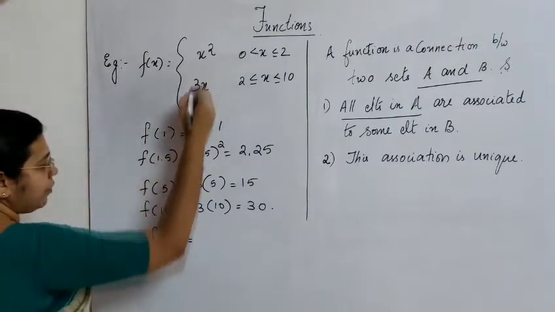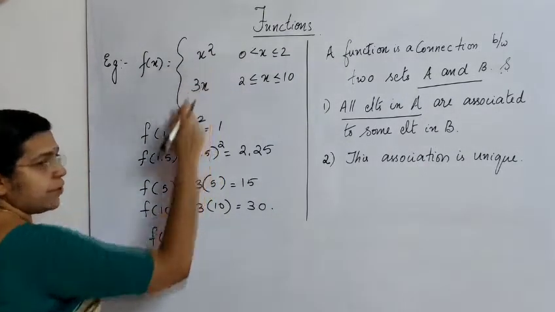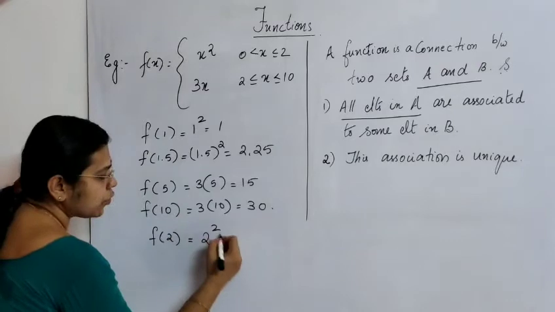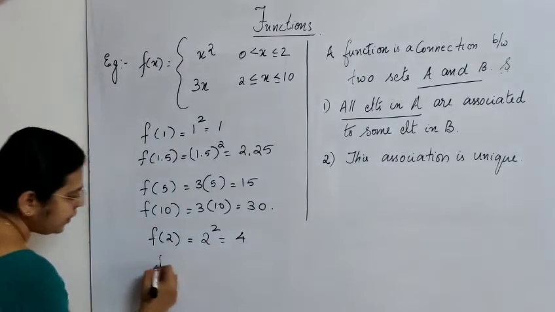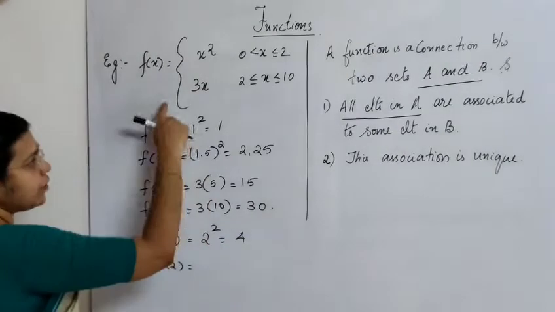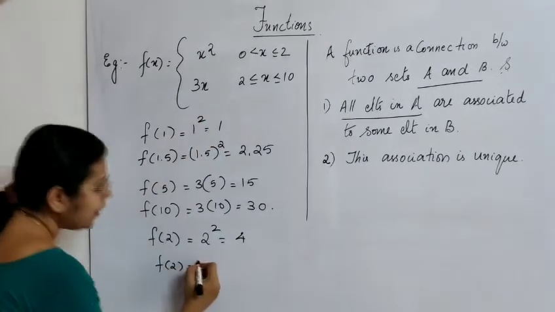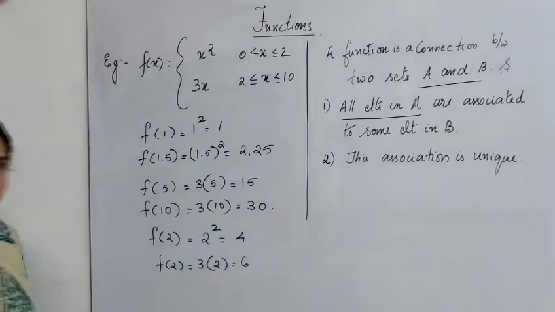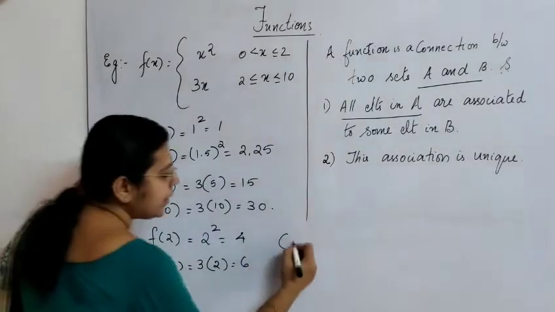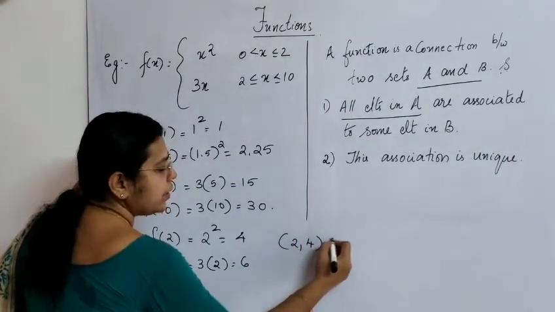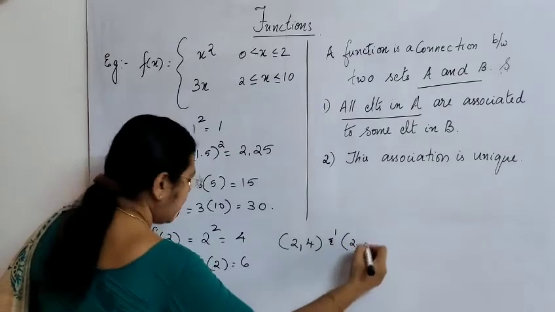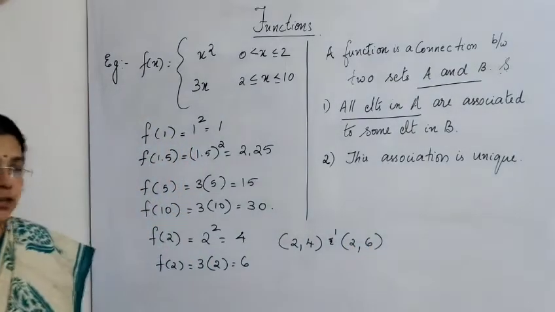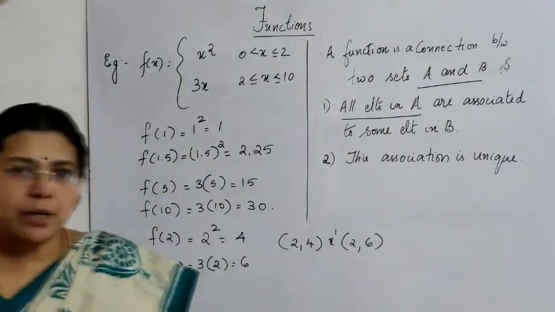From the first case, in the first interval, I get 2 square, which is 4. And in the second case, for the same function, the functional value is different, 3 times 2, which is 6. That means 2 is associated to 4 as well as to 6. Now children, just think about it.